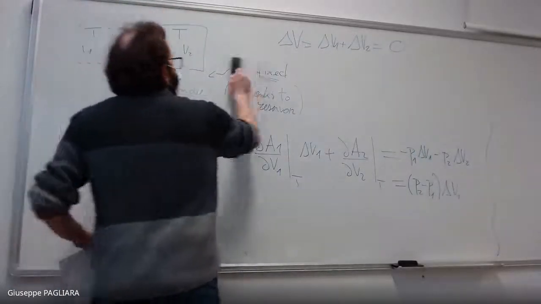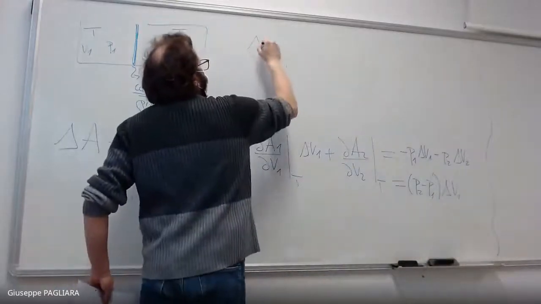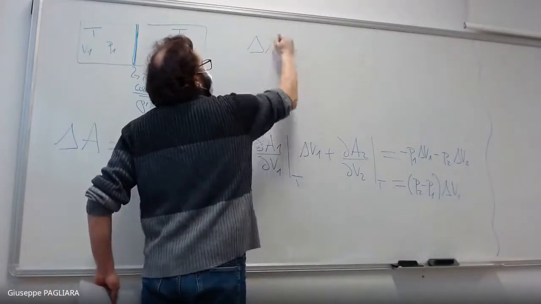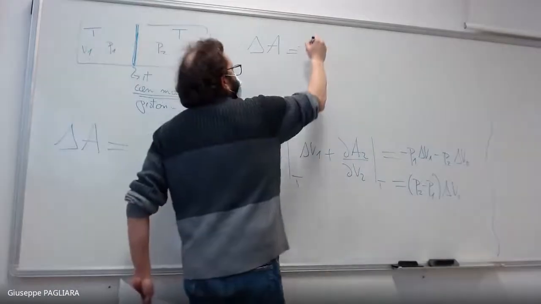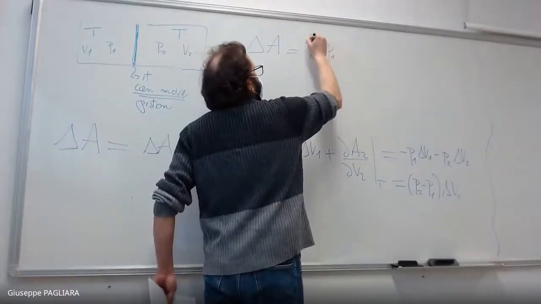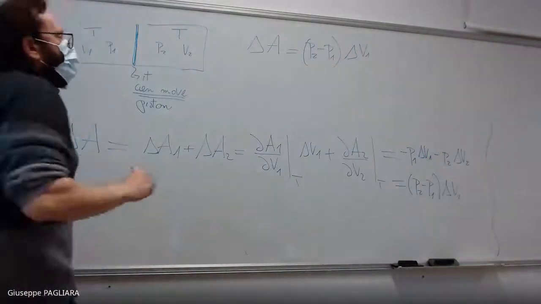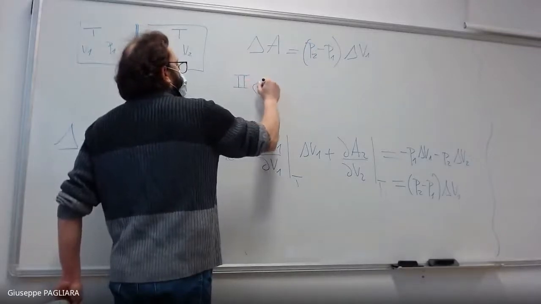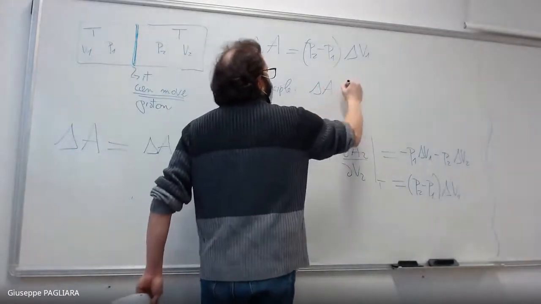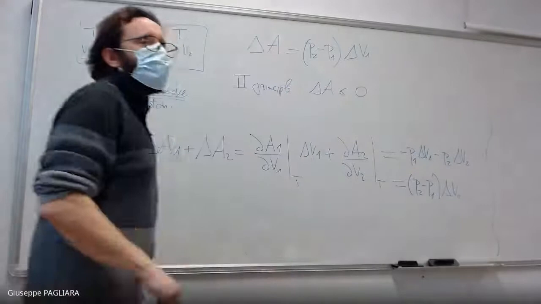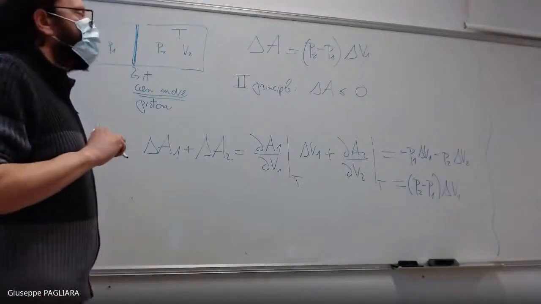So the variation of the Helmholtz free energy, sorry, this is not U, this is A, is equal to P2 minus P1 times delta V1. Now, from the second principle of thermodynamics, I know that the delta of the free energy must be smaller than 0 in time. So the system will evolve in such a way to minimize its free energy.